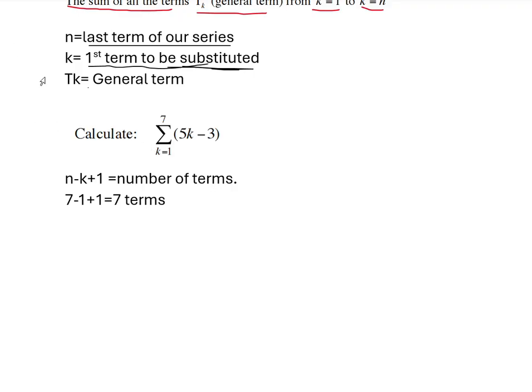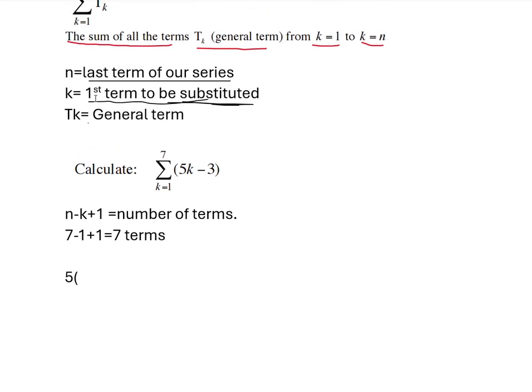We just say 5 into, you substitute the first term, which is k, so k is 1, minus 3. This is your first term. Then to find your second term, you add 1, you increase. Remember, here you start with k, then what's k plus 1? You get 2. It means you're going to substitute k as 2.